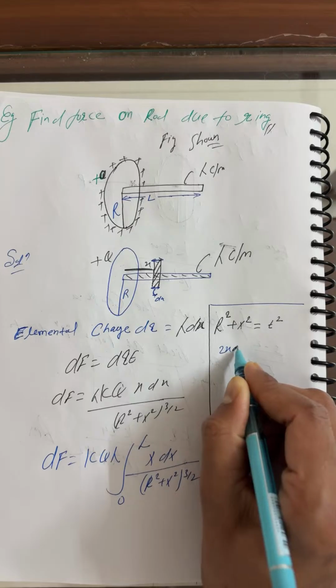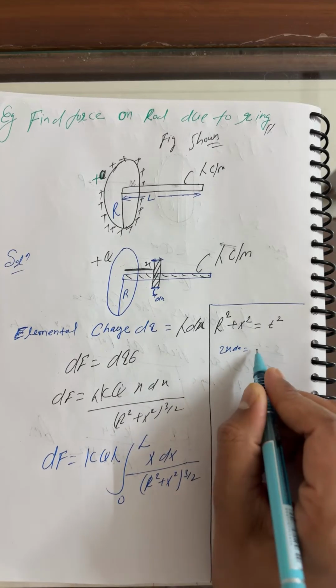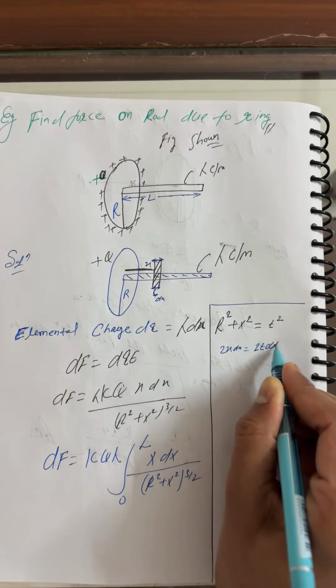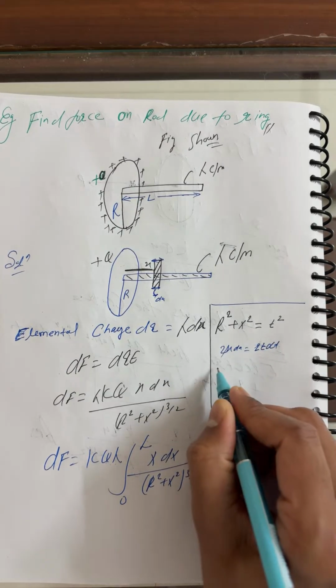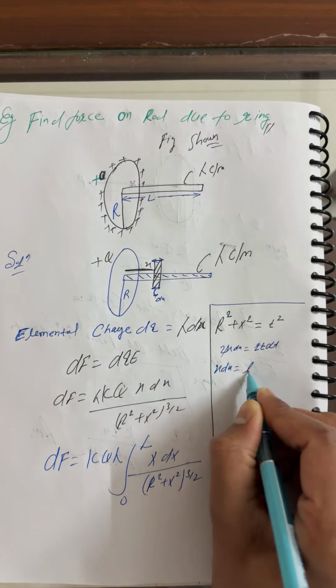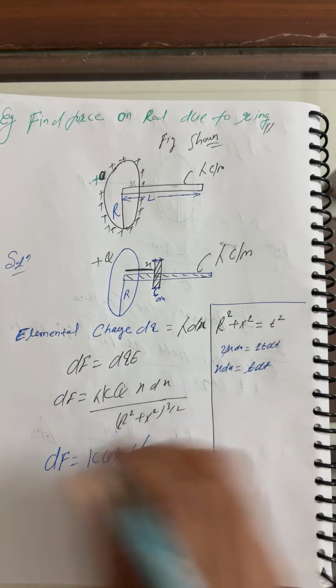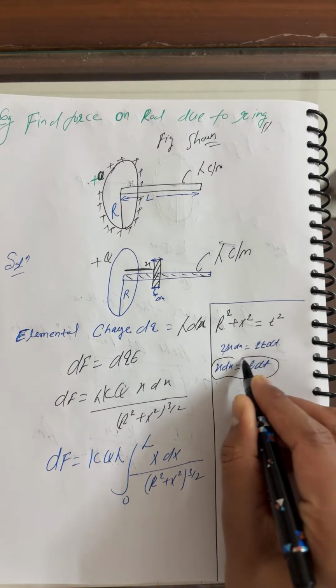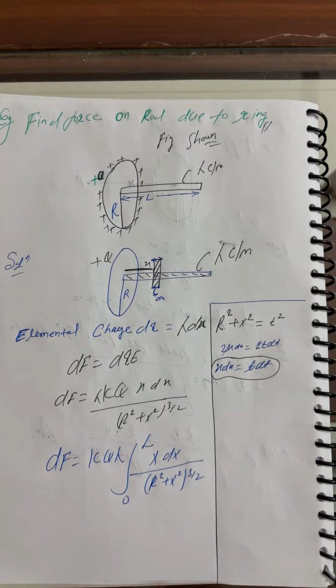This is 2x into dx. For t square, see, this is 2t into dt. The 2 finishes here. So x dx is equal to t dt. Students, x dx is equal to t dt.